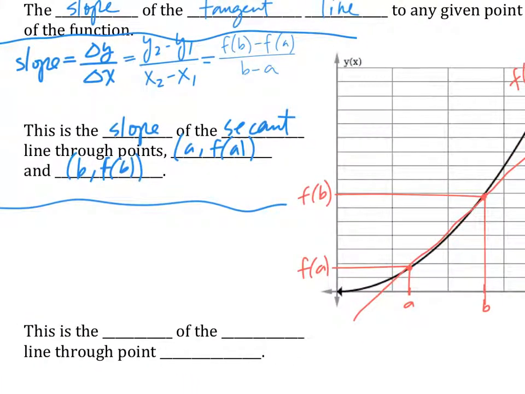Now let me ask you another question. Can you draw a tangent line through A only? Can you draw a tangent line that only goes through A? Yeah? Okay, go ahead and draw what you think the tangent line is going to look like.